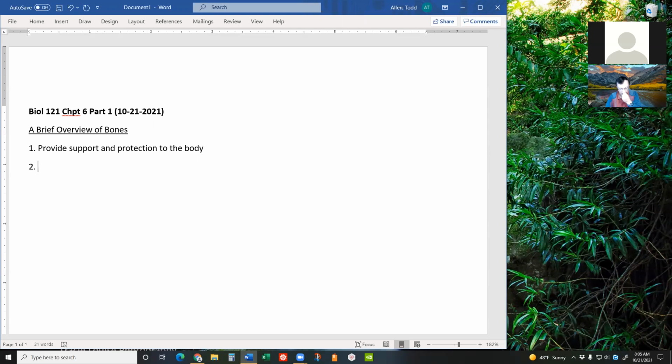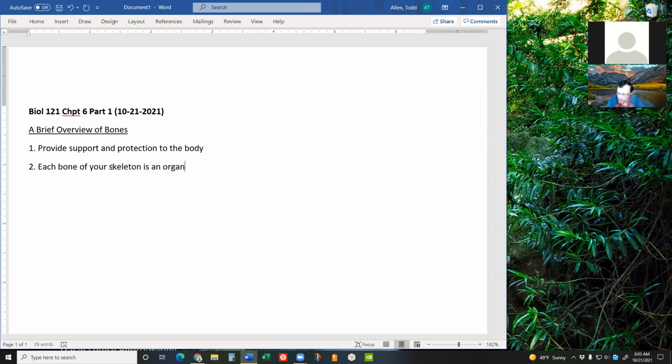Okay. We appreciate that each individual bone of your body, whether I'm talking about a metacarpal bone, or whether I'm talking about a giant bone like the femur, every individual bone of your body is an organ. It's an organ, okay? Each bone of your skeleton is an organ, okay? And remember, an organ is a three-dimensional object in the body that's made of multiple tissue categories.